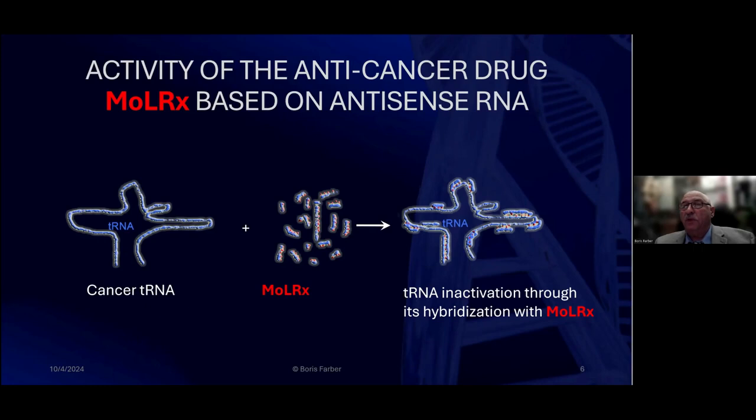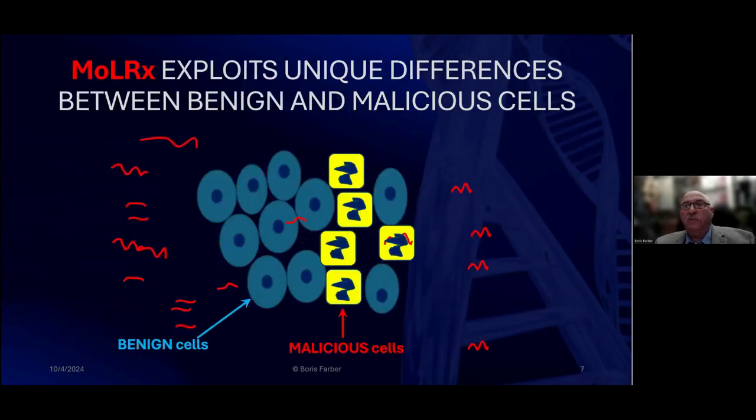In this small animation, you can see that a cancer cell with active macropinocytosis selectively takes up oligomeric RNA fragments with altered charges, MolRx, our substance, from the extracellular space, leading to its demise.